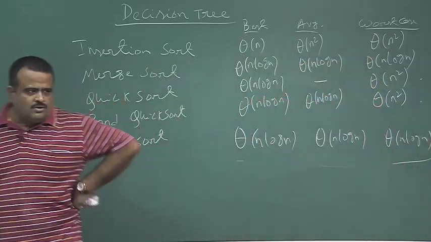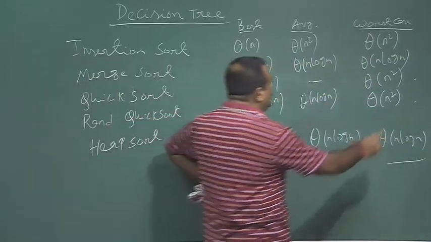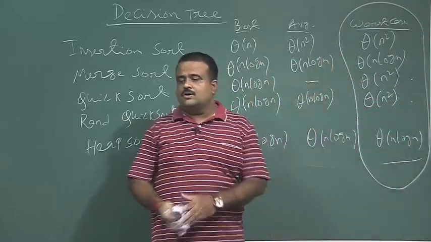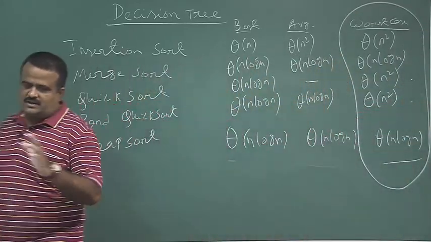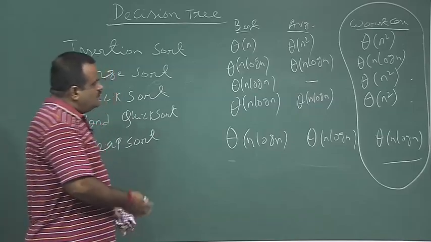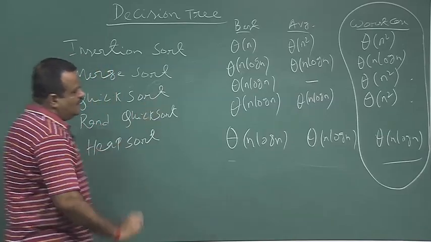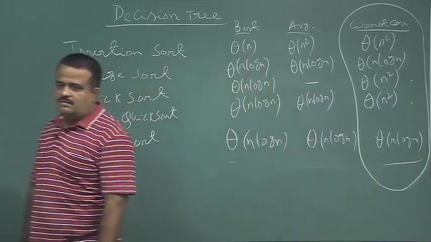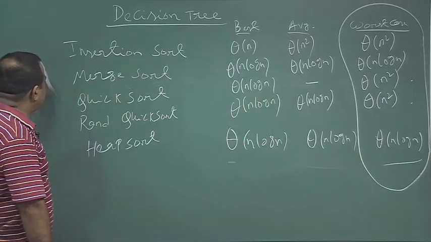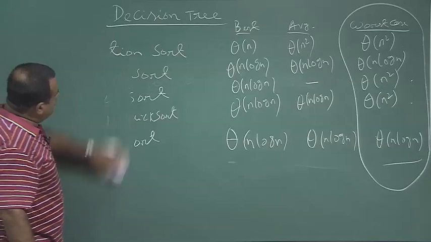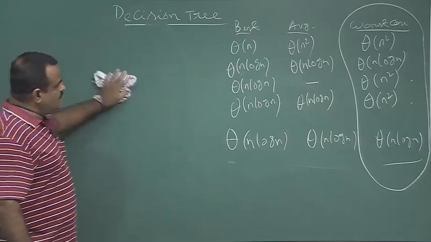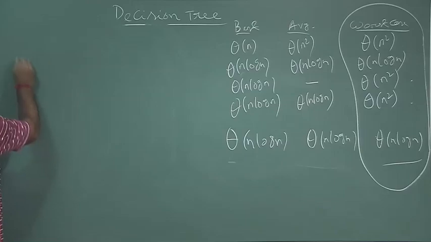Okay, but we know that we are interested in the worst case analysis, because that is the most essential analysis one can think about. So, in the worst case we have n log n. So, the question is whether we can do something better than n log n or not.